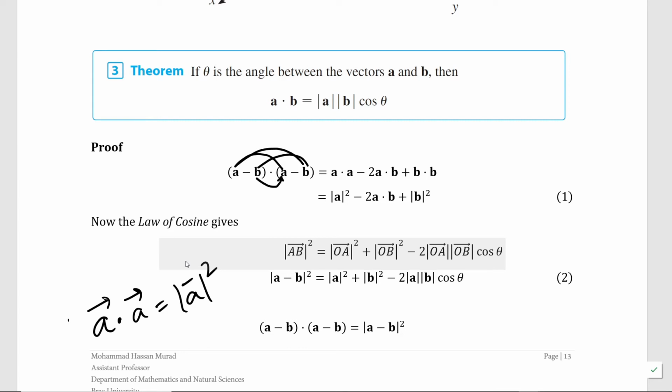So we have the vector A minus B, we take the dot product with itself, and we get the square of the magnitude of the vector.